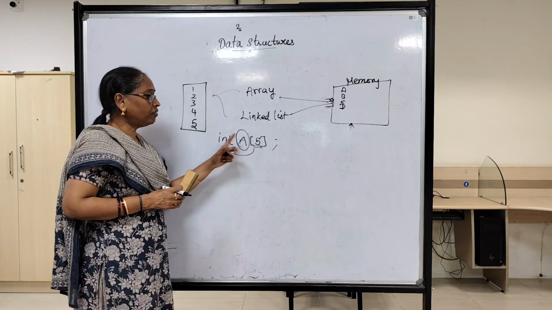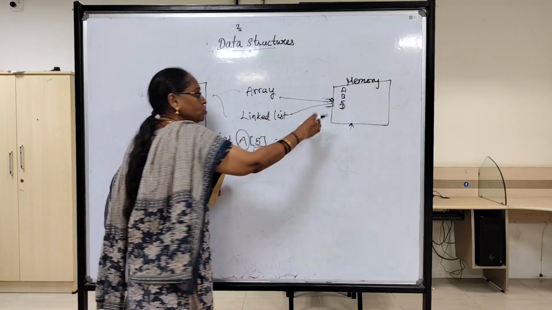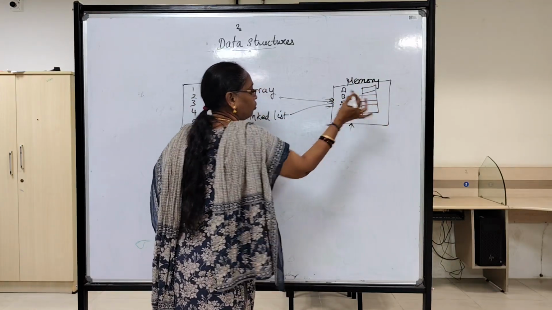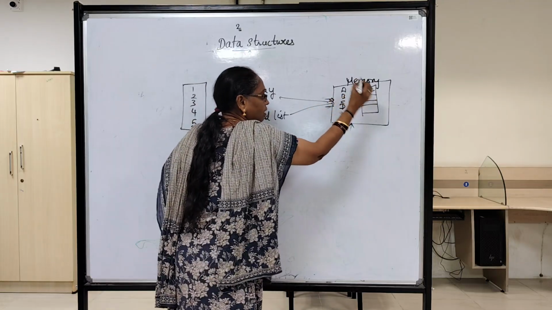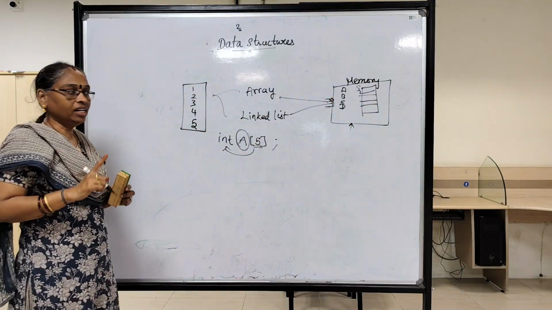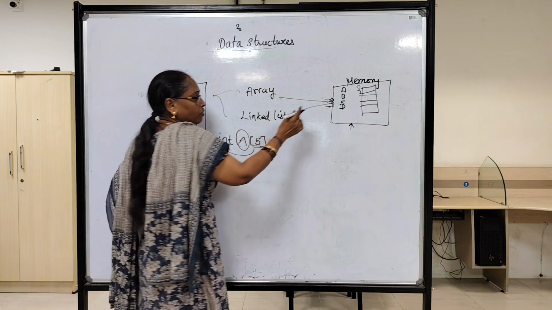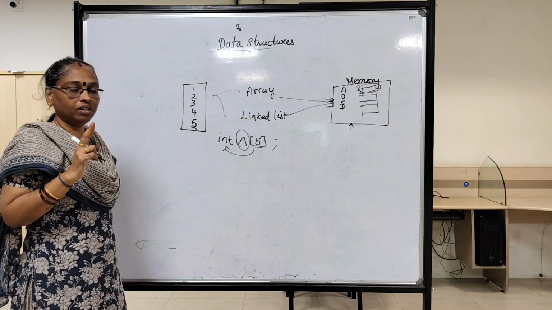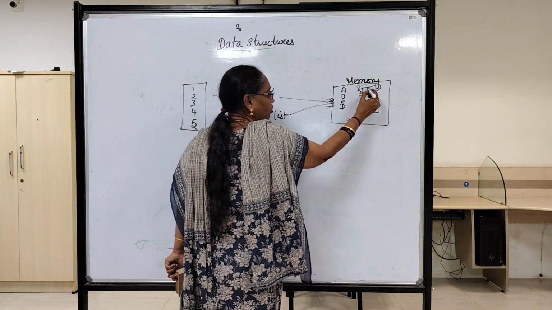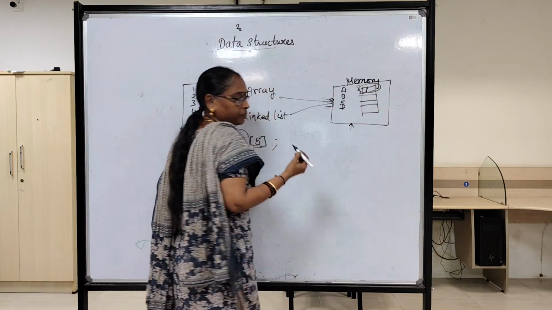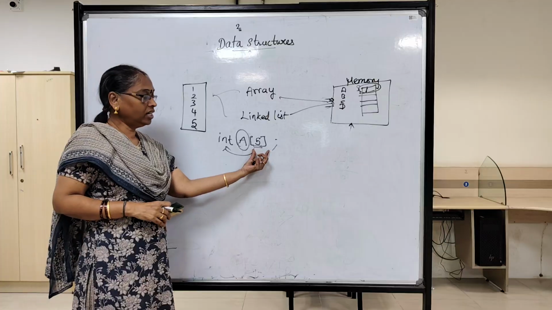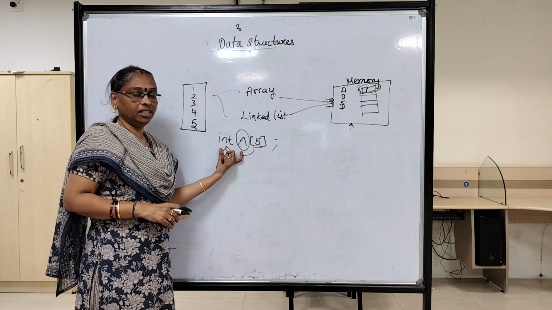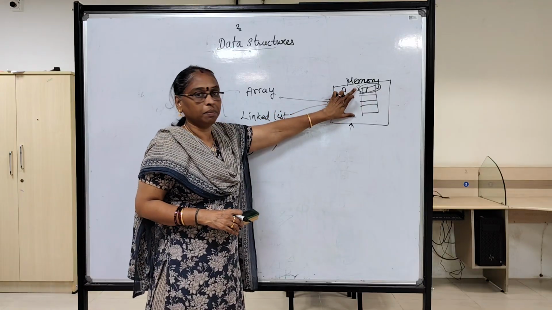So I can store 5 integers in the continuous memory locations 1, 2, 3, 4, 5, and each unit can hold one integer. So if the integer is of 2 bytes, this holder will have 2 bytes. So these 2 bytes will hold one integer, for example 1. So like that 5 holders will be created, and that too in a continuous manner when I want to create the collection. So this is what an array representation is.